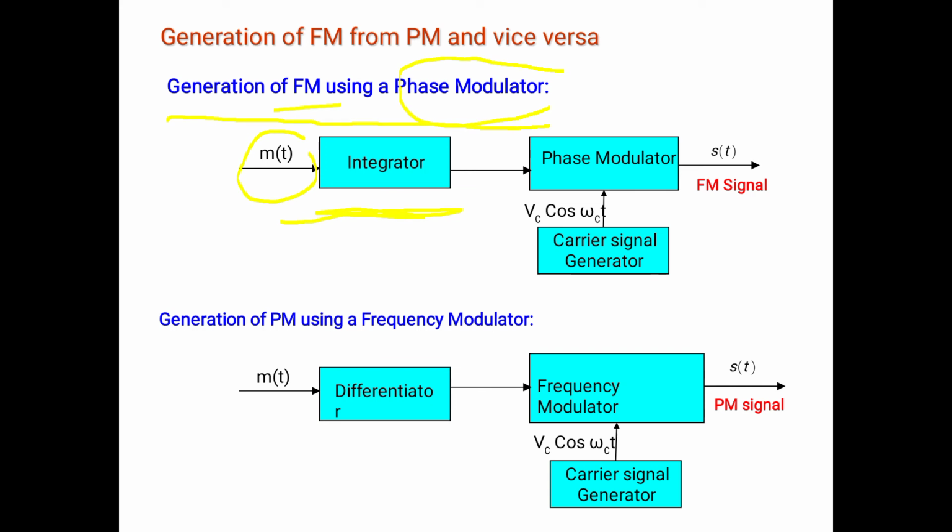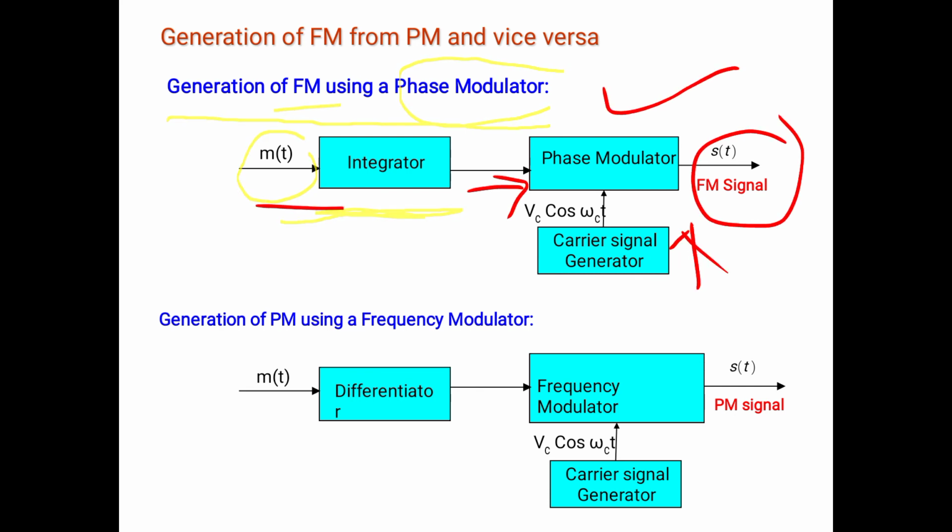That integrated message signal is applied to the phase modulator, and the other input is the carrier, then we get the frequency modulated signal. In order to get a frequency modulated signal from a phase modulator, we simply integrate the message signal and apply it to the phase modulator, then we get the frequency modulated waveform at the output.